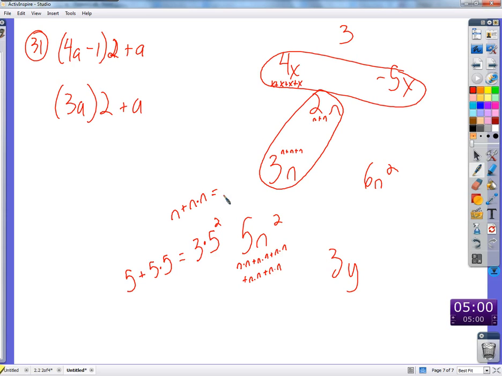Okay? Look at it this way. We could look at it as a picture. This length right here, from there to there, we call that n. So if I want to represent n times n, we can do like we did before with multiplication or area. This side is n, this side is n, so here's n squared. You can see visually, is this thing the same as this thing?